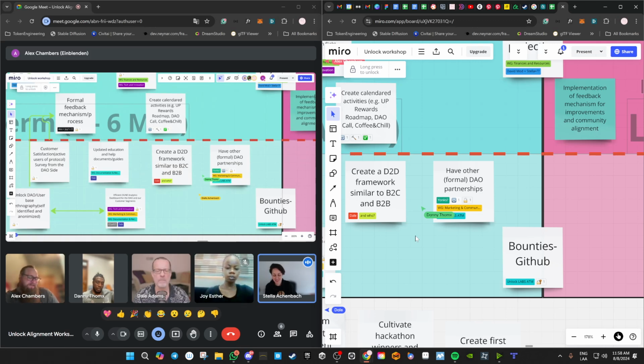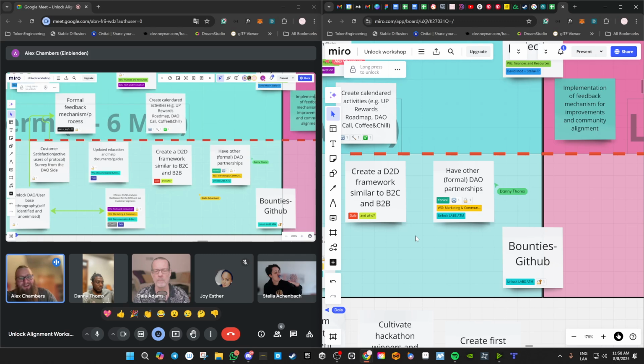That's also why it says "have" rather than "sign," "create agreements" or "seek," right? So in 3 to 6 months, we should have formal DAO partnerships. We certainly will. We're doing really good. Awesome.